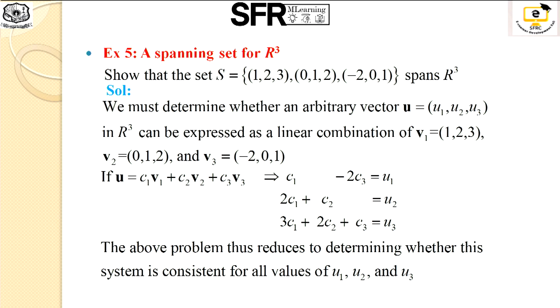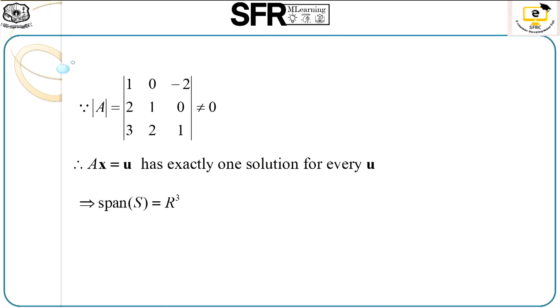So we take the linear combination u equal to c1 v1 plus c2 v2 plus c3 v3. We substitute the given vectors v1, v2, v3. So we have three equations. We reduce the given equations to find the values of u1, u2, u3.